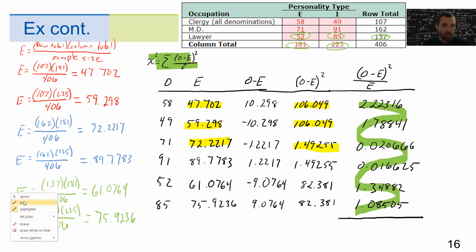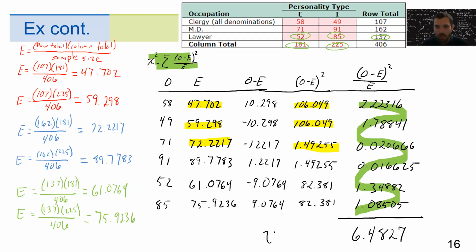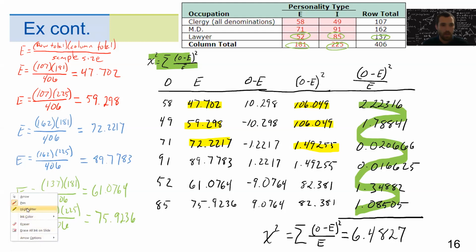So when I add those all together, I get 6.4827. That is what chi squared is equal to, which is the sum of O minus E squared divided by E. That is equal to 6.4827.